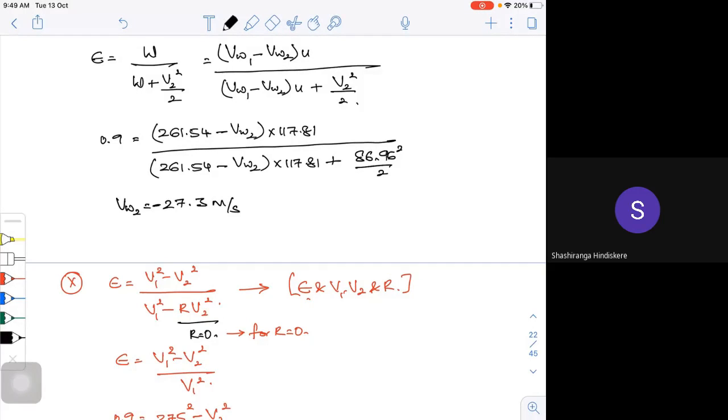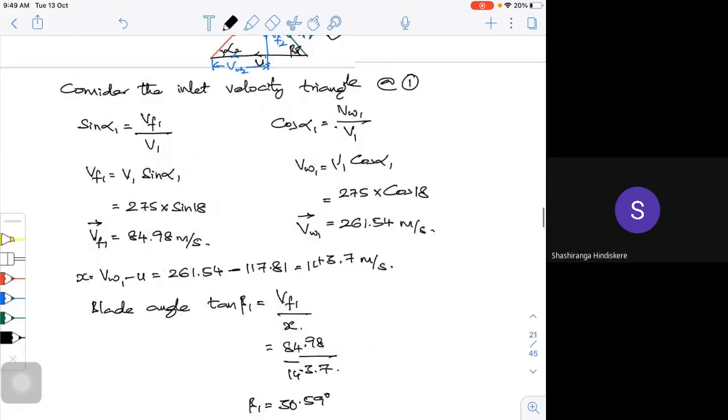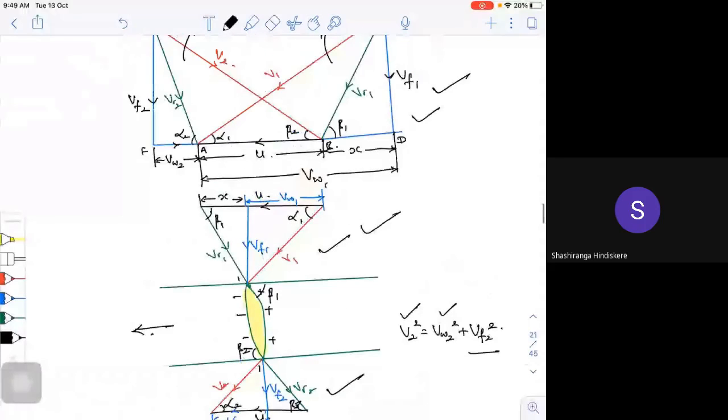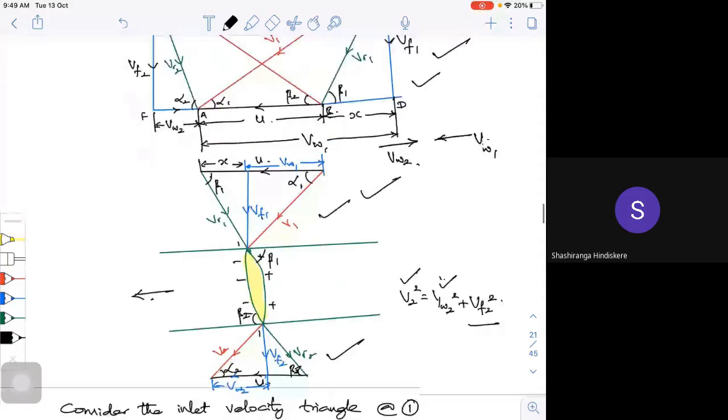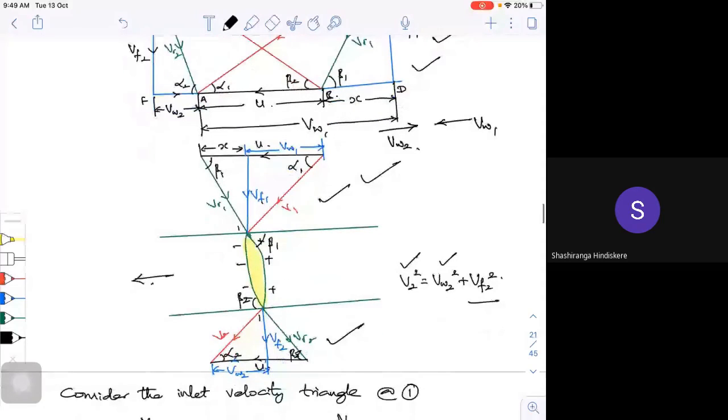So what is the meaning of it actually? The VW2 is in the opposite direction. That means if this is my VW1, this is the direction of your VW2. So this velocity triangle, whatever I have drawn here, I need to change it. I need to draw the triangle in such a way that this goes to the other side of it.